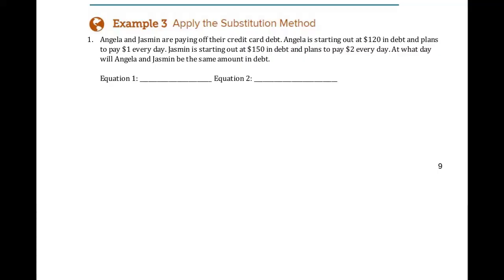Angela started out at $120 in debt, and plans to pay $1 every day. Jasmine is starting out at $150 in debt, and she plans to pay $2 every day. At what day will Angela and Jasmine be the same amount in debt?